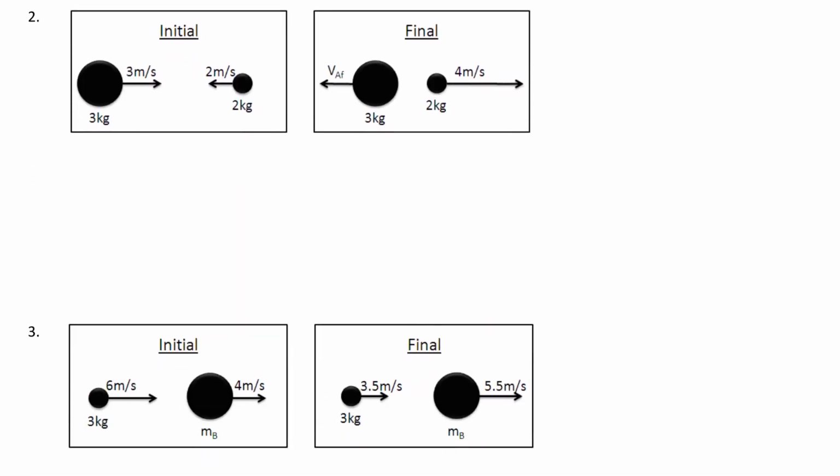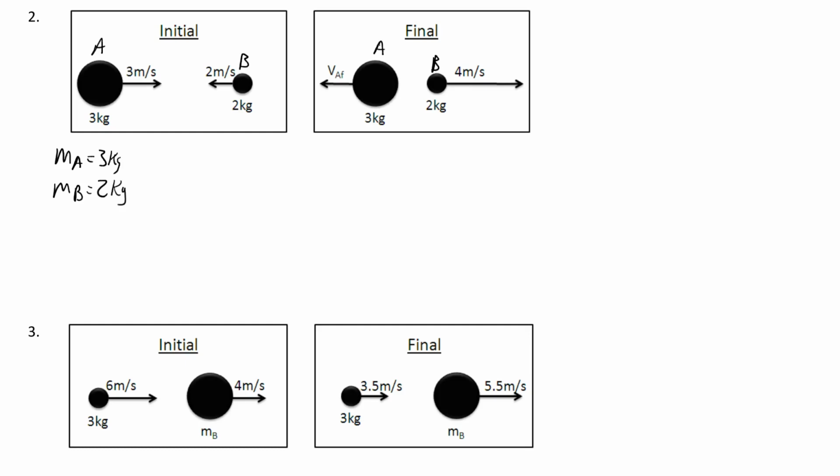All right, number 2. A little bit trickier. Let's try to write our givens and our unknowns. This is A and B. Typically, I write the masses first. So the mass of A is 3 kilograms, and the mass of B is 2 kilograms.